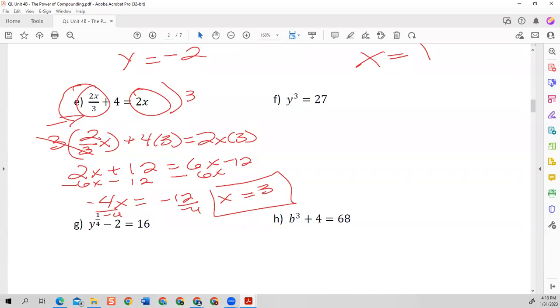All right. On this one here, I have y raised to the cube, and I need y to the first in order to tell you what y is. To undo the cube, that means I'm going to take the cube root of both sides. And since it's an odd root, we're not going to take a plus or minus of the other side.